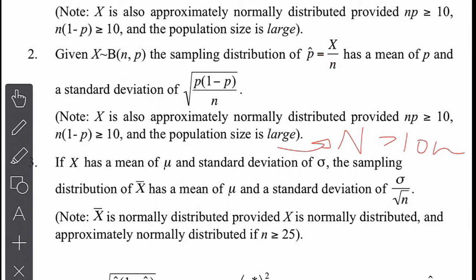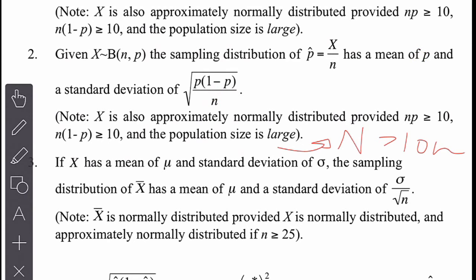The mean is P, the true proportion, so the expected value is the true proportion, and this is its standard deviation. The shape of that distribution is approximately normal as long as these conditions are satisfied that make the binomial distribution look normal. Okay, so there it is. That's the mean, that's the standard deviation.